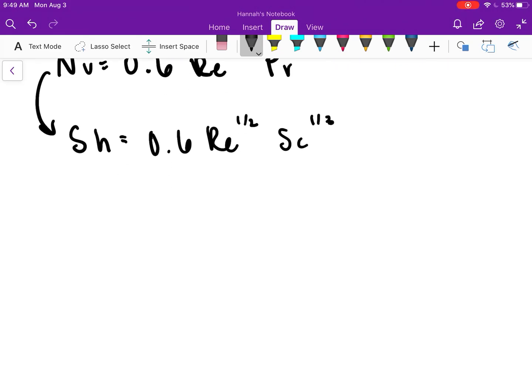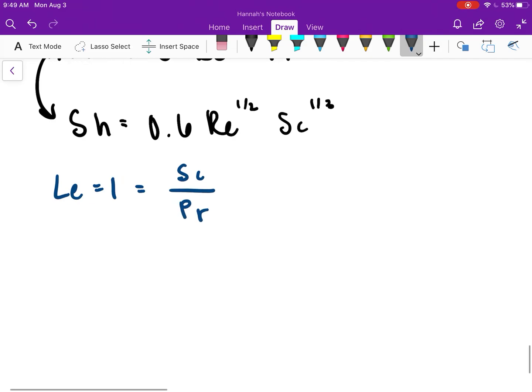Now, looking at the formula for the Lewis number, which we were given as being equal to 1, it is actually equal to the Schmidt number over the Prandtl number. And that can again be broken down into the kinematic viscosity over the diffusion coefficient, over the kinematic viscosity over the thermal diffusivity.